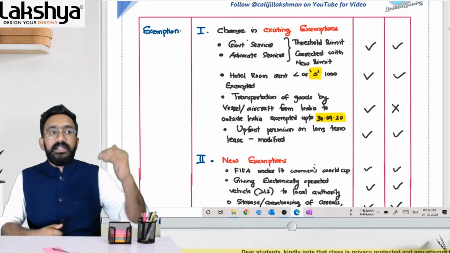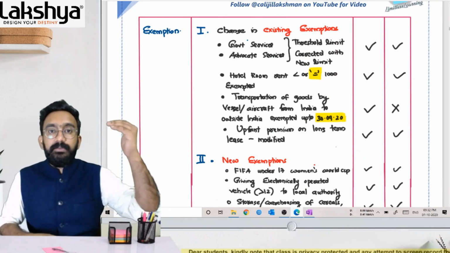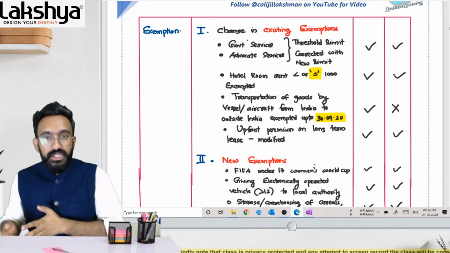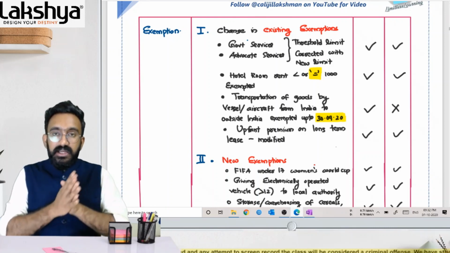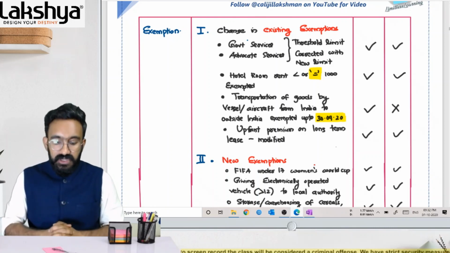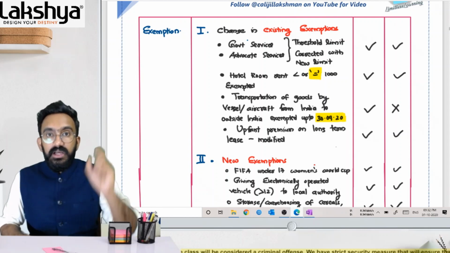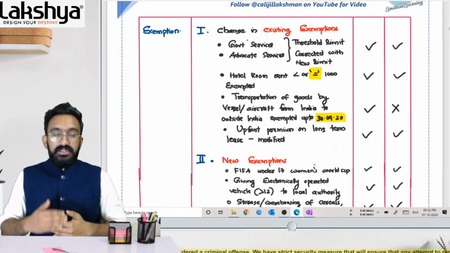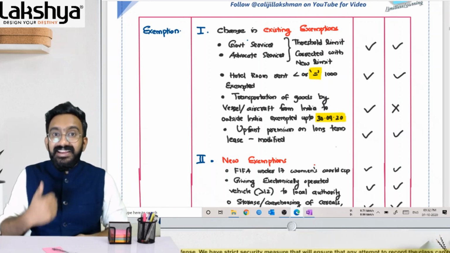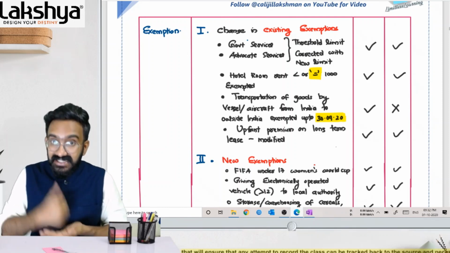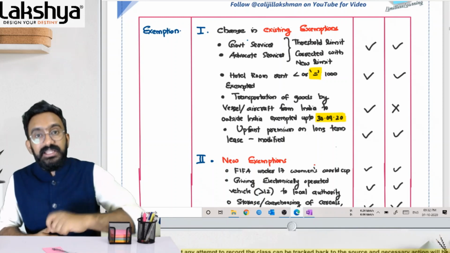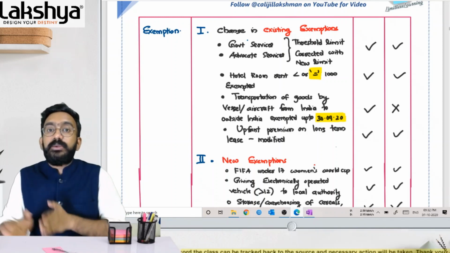So I'm going to a guest house or a hotel and booking a room, a unit of accommodation, given on rent in a guest house unit, in a lodge, etc. Earlier, it is exempted if the realized value, again I'm specifically saying realized rent, is less than 1,000 rupees. Now they said less than or equal to 1,000 rupees.